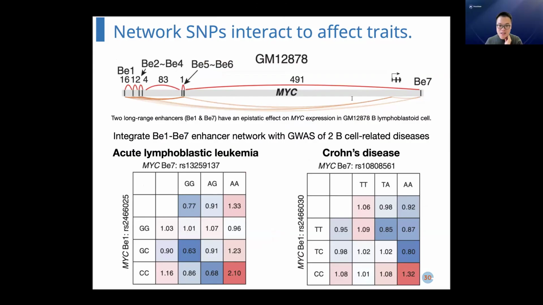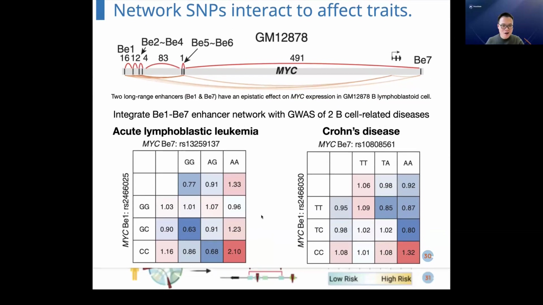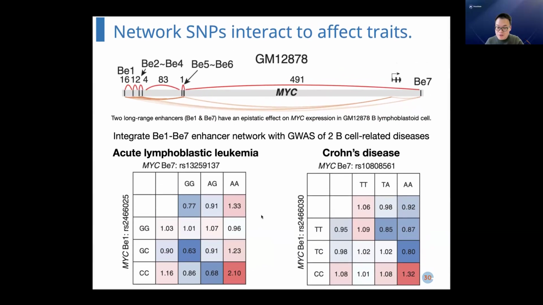Because this network comes from B cell lines, I'm combining it with 2 GWAS datasets related to B cells: one is leukemia and the other is Crohn's disease. Long story short, we're able to identify very significant genetic interaction, in the sense that I take one SNP from one enhancer and another SNP from another enhancer that form a very strong functional interaction inside this network.